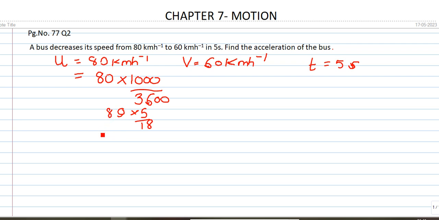So the velocity in meters per second will be 22.22 meters per second.